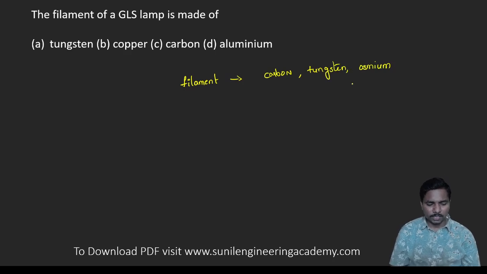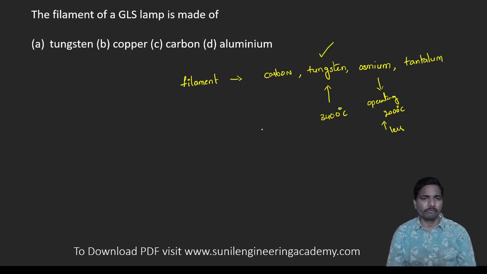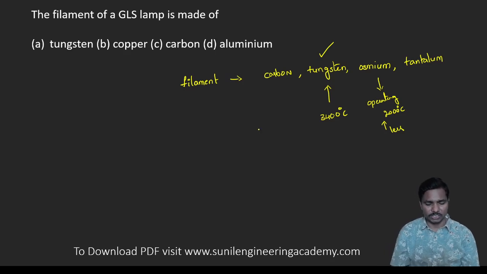These are generally used filament materials. Its operating temperature is very less, 2000 degrees centigrade only. With tungsten we can go with an operating temperature of 3400 degrees centigrade. Generally tungsten is preferred because of a lot of advantages.